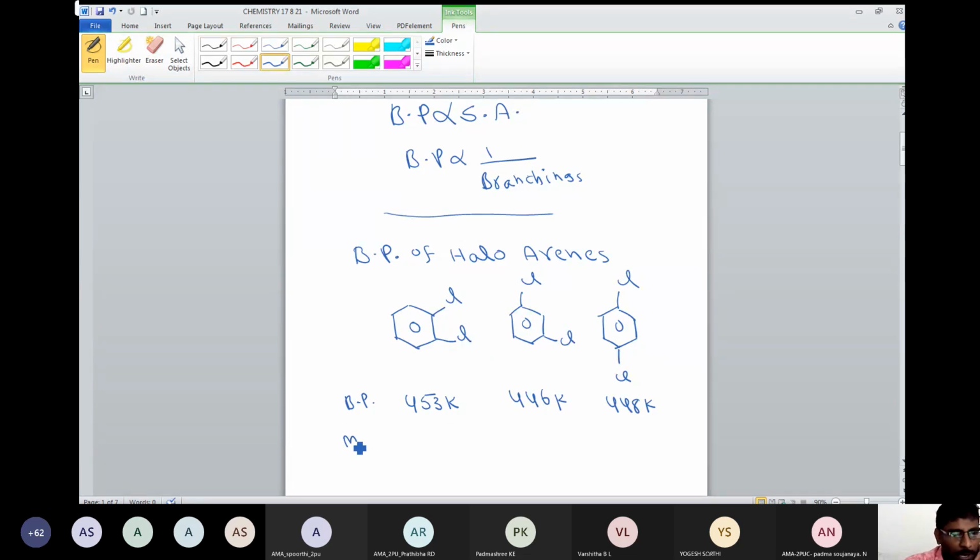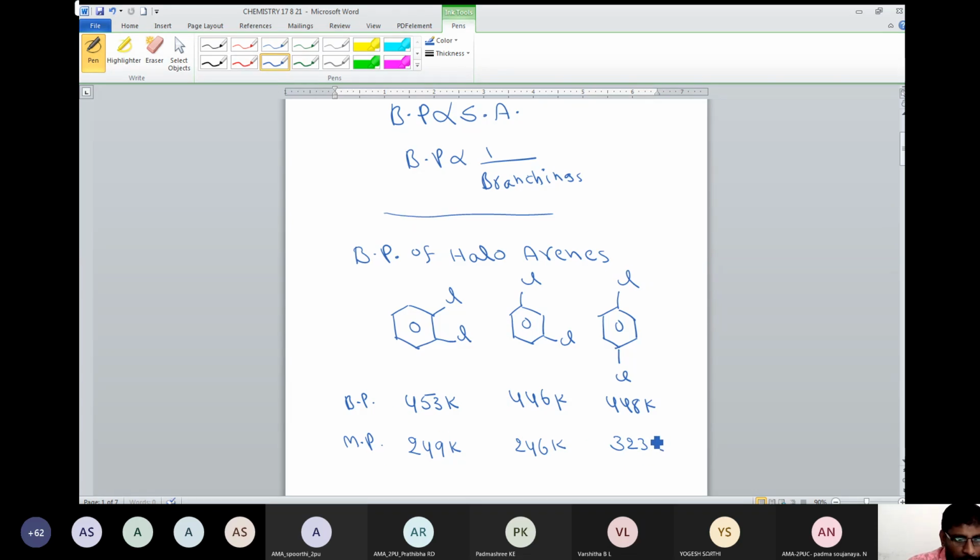But when we come to melting point, the melting point of orthodichlorobenzene will be nearly 249 Kelvin, whereas meta will be 246 Kelvin, and para will be 323 Kelvin.